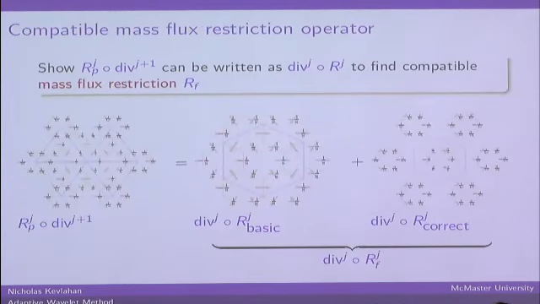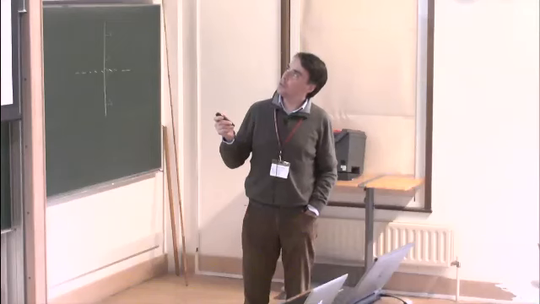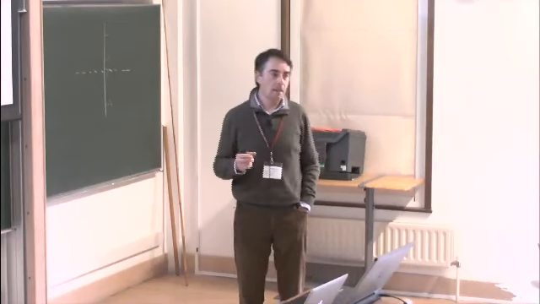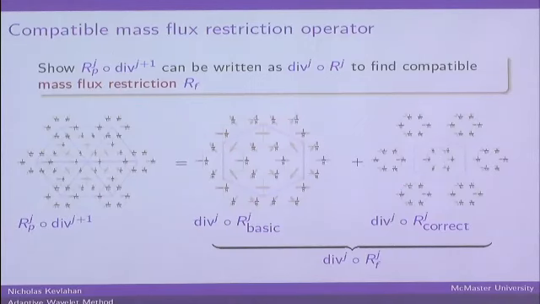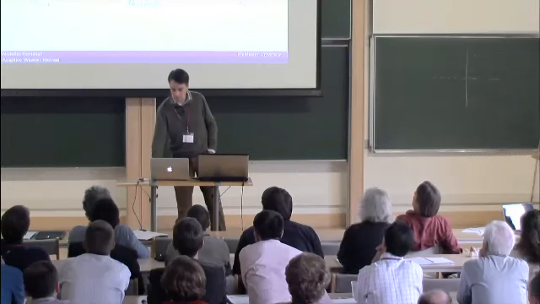Thomas spent a long time fiddling around with diagrams in order to work out how you can write the restriction of a divergence as the divergence of a restriction, in order to find a compatible restriction operator. I'm not expecting you to see all these little arrows, but just to say that this decomposition, writing restriction of divergence as divergence of something, is what allows us to find the right restriction.